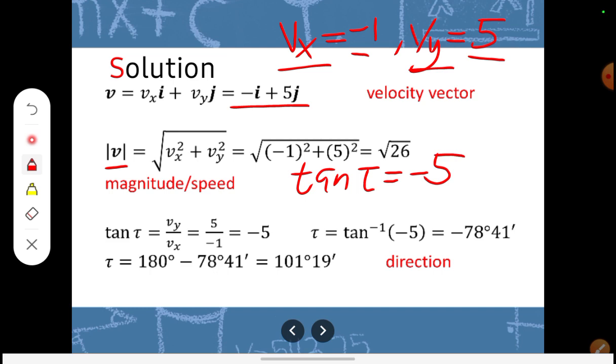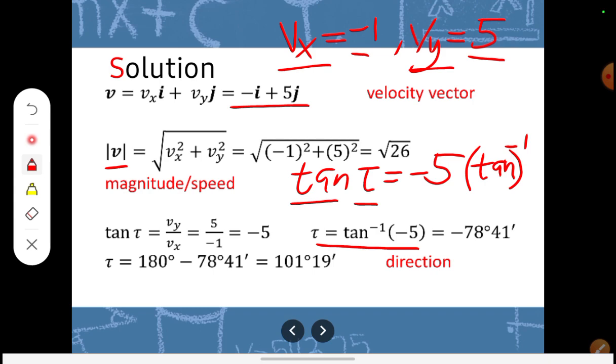Since the direction involves an angle, we need to isolate tau out of the equation to get its value. So we need the inverse of tangent. We apply the inverse of tangent to both sides of the equation. After that, tau is equal to the inverse of tangent of negative 5.